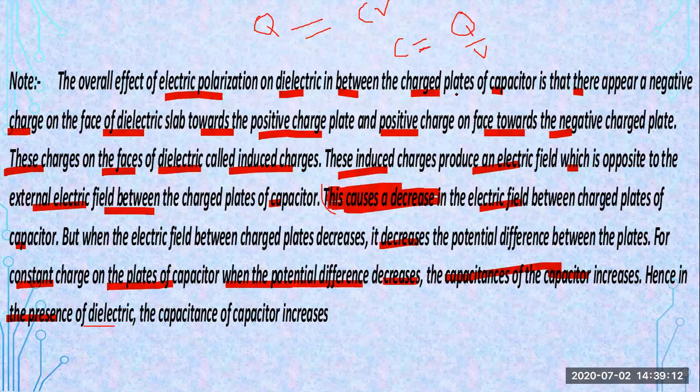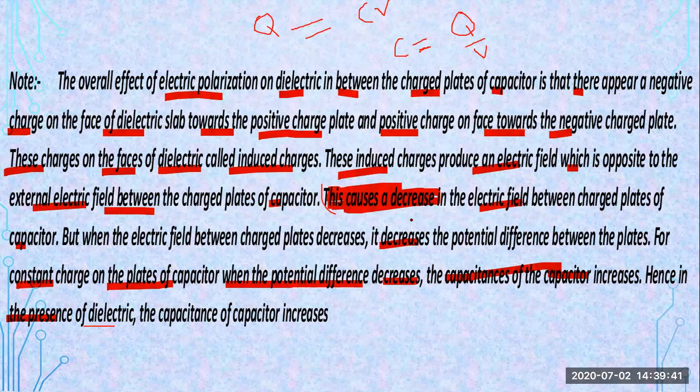Many times these questions are asked: explain what happens when a dielectric is placed between the two charged plates, or why the capacitance of the capacitor increases when the dielectric is placed between the two charged plates. So this is the reason. What happens when dielectrics are placed between the two charged plates? It decreases the electric field between the plates of the capacitor.